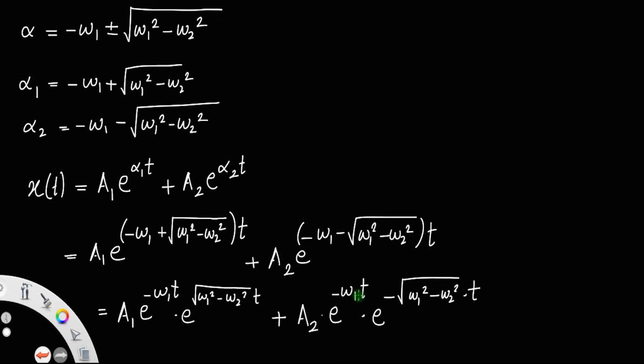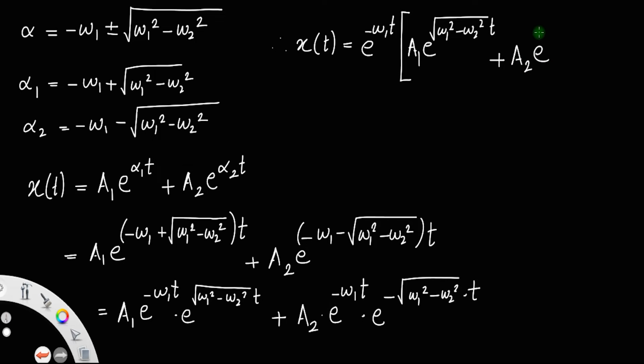Here you can take this e raised to minus omega 1 t common, therefore x of t is equal to e raised to minus omega 1 t into a1 e raised to root of omega 1 square minus omega 2 square t plus a2 e raised to minus root of omega 1 square minus omega 2 square t. Clear? So this is the final expression.